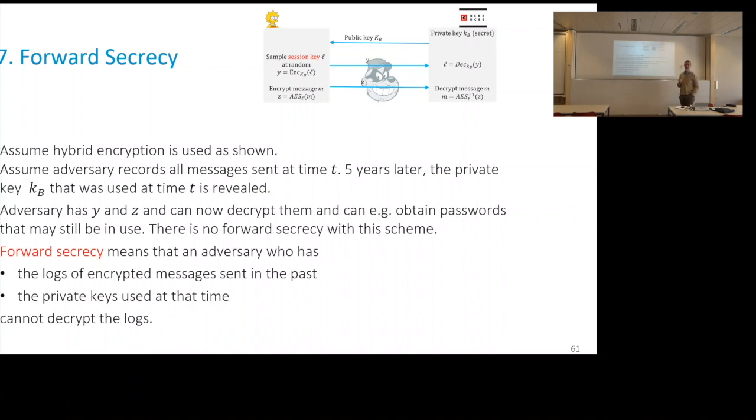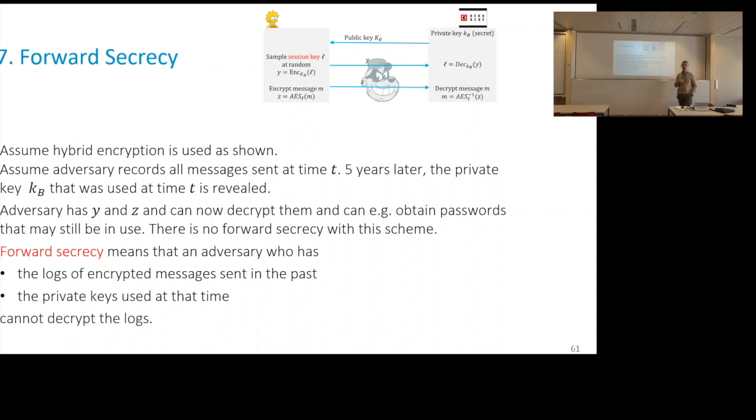If they do that, then it means this site is not very secure. So hopefully the password was sent only after this point here, the encrypted message. For example, the password you sent to the bank to log in is sent only here. But now, if the attacker has the logs and the private key, he can find your password.